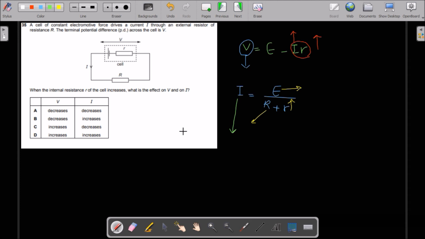Why? Because they are inversely proportional. When they are inversely proportional, it means if r increases, I will decrease. And we know that electromotive force and external resistance are constant. That's why between A and B, we should choose A.